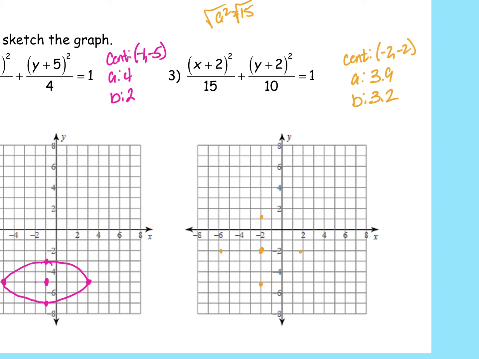And there, it's almost going to be circle-ish. Okay, questions? Are we not too bad so far?